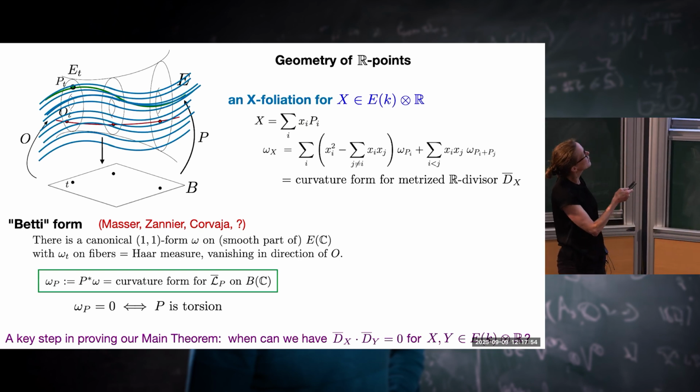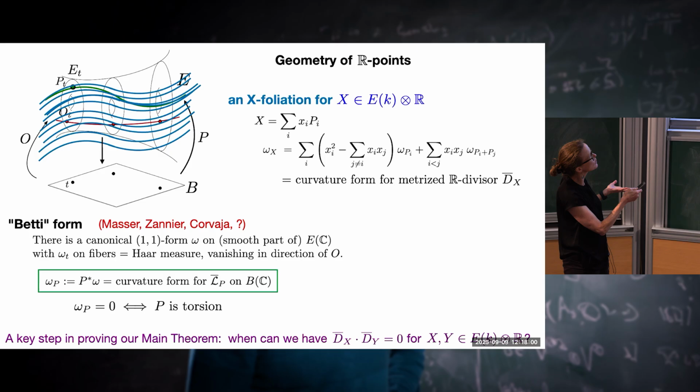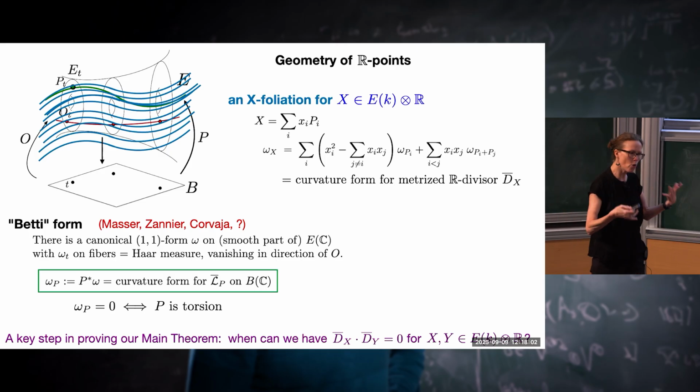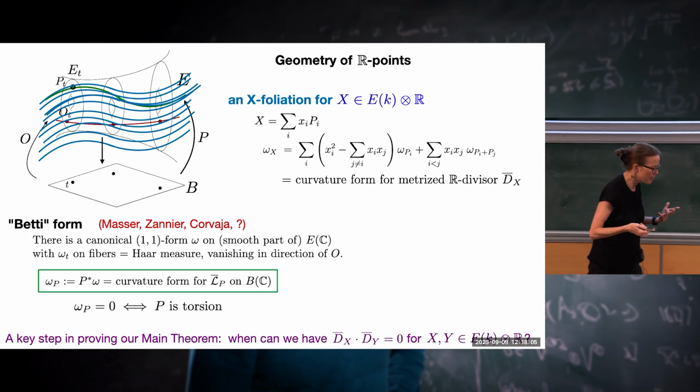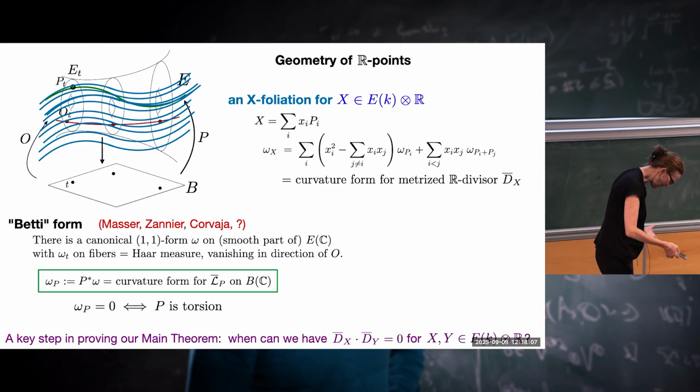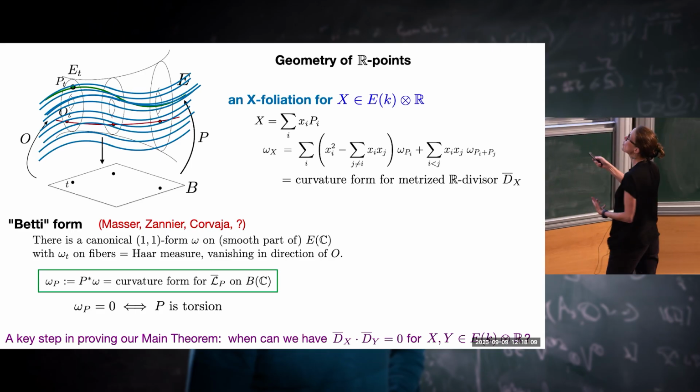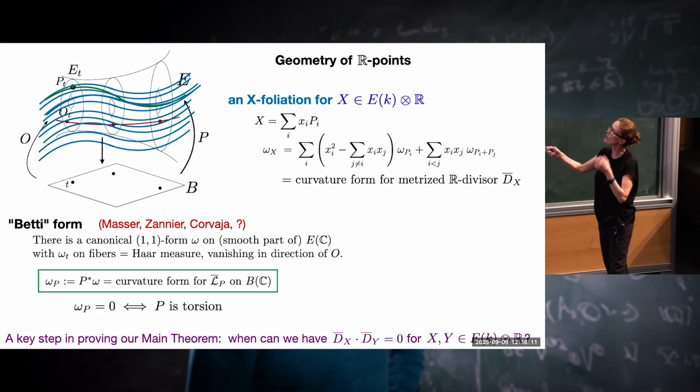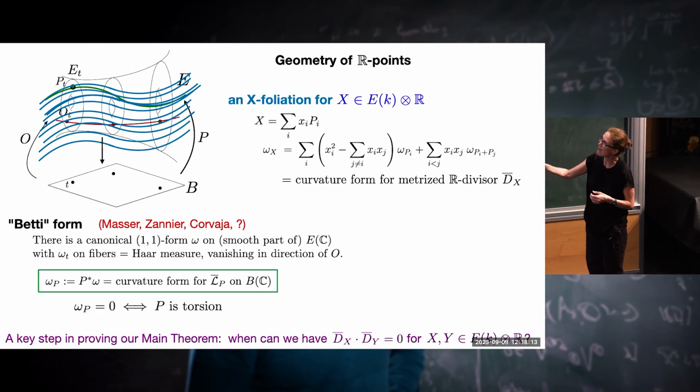So what is this foliation? Here, one just works directly with, so if X is formally a real linear combination of those points, you can just formally take real linear combinations of what are called the Betti coordinates associated to those original points, and you can then define an associated foliation.